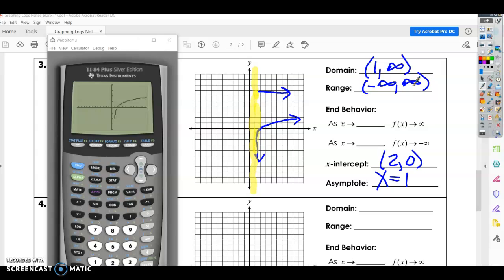And then the end behavior is, when f of x goes up, x is going towards positive infinity. And as x approaches this number 1, y is going to negative infinity. So that's again how to sketch the graph and look at basic key features of a logarithmic function.